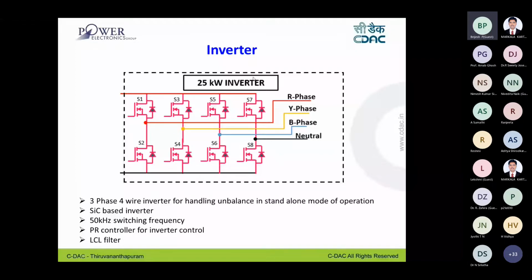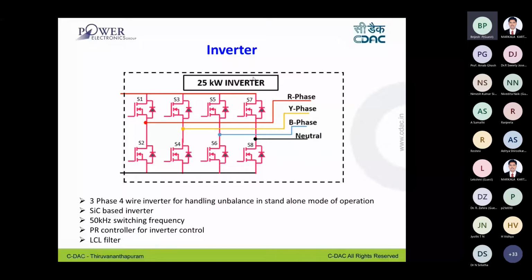So it is better to use a three-phase four-leg inverter for better handling of the unbalance. We have developed a 25 kilowatt inverter, also with SiC modules, having an LCL filter at the grid side, and the operational frequency is 50 kilohertz in this case also, with a proportional resonant controller used for the control of the inverter. This is the basic thing about our inverter.